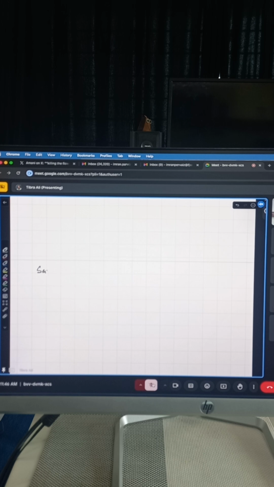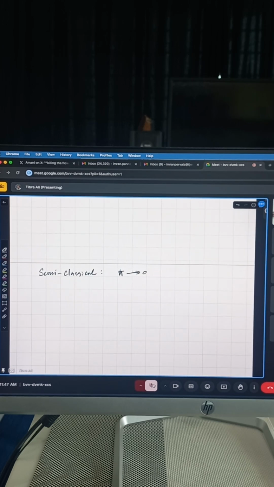So let me just sketch what we do in the semi-classical limit, and the formula that we will derive will be used in the tutorial problem, the problem set that I've given you. So what is the semi-classical limit? The semi-classical limit is the limit where h bar is going to small.